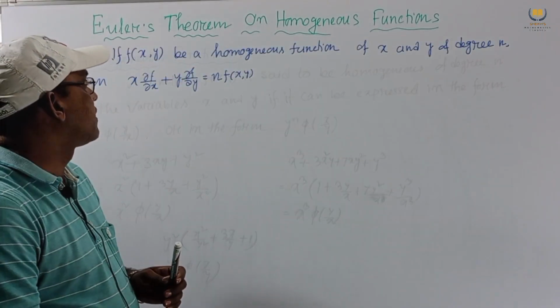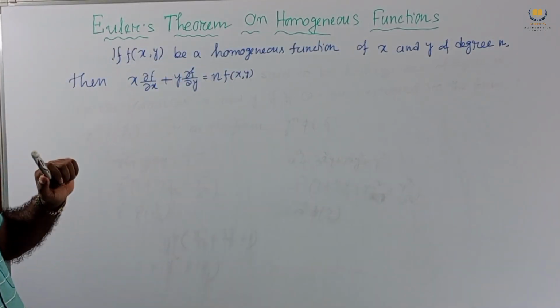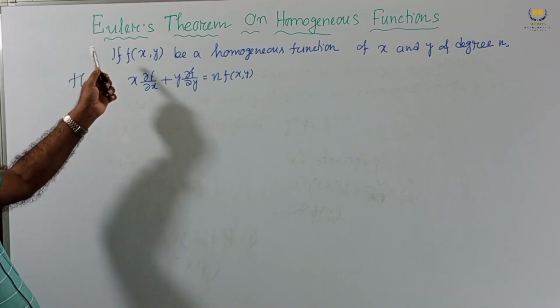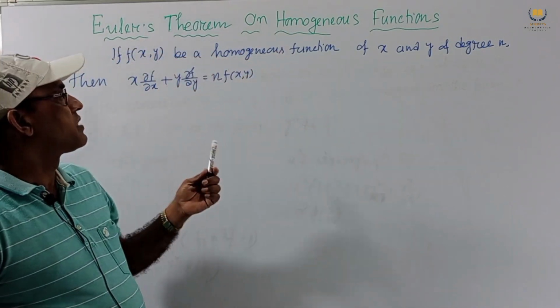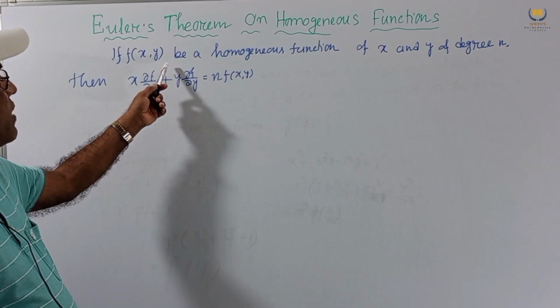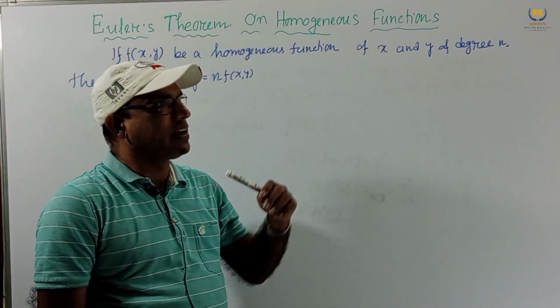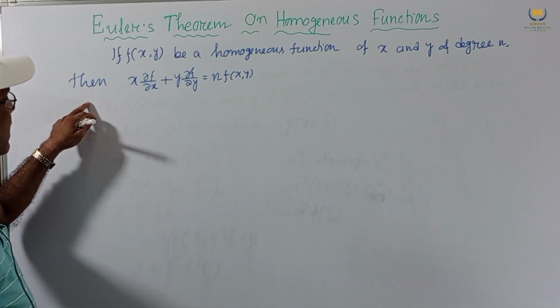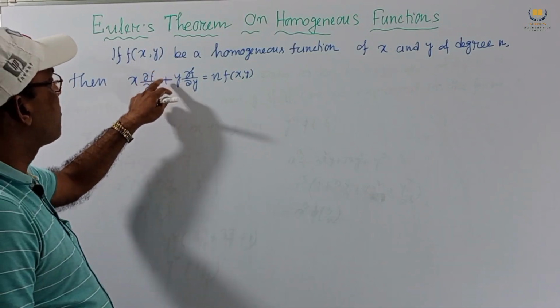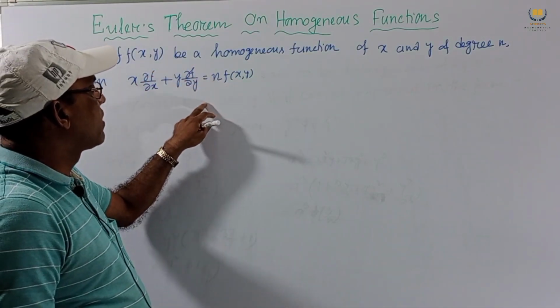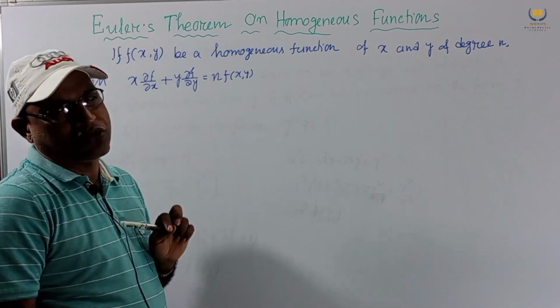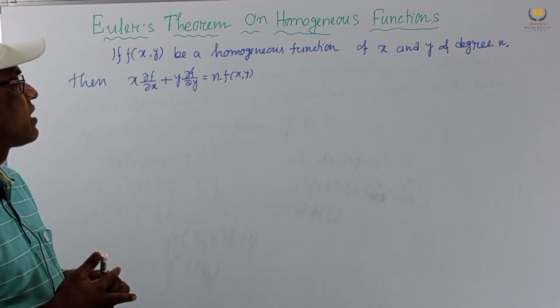Now let us consider Euler's theorem on homogeneous function. If f of x, y is a homogeneous function of x and y of degree n, then x del f by del x plus y del f by del y equals n f of x comma y. So this is our Euler's theorem.